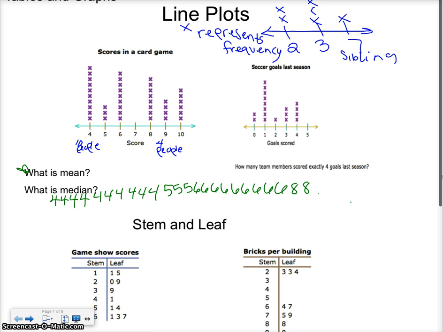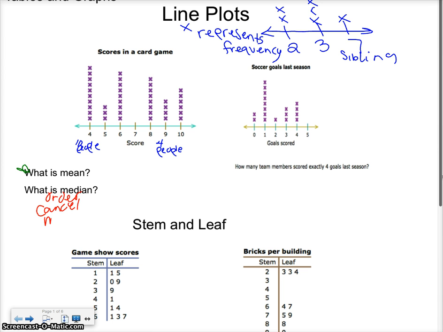Anytime we want data in sequential order, we can quickly find the median. With the median, you put them in order, and then you cancel out the minimum and maximum. You're always getting rid of the smallest number and the largest. So anytime we have it in order, we cross off from each end. I can do that quickly with this data set.